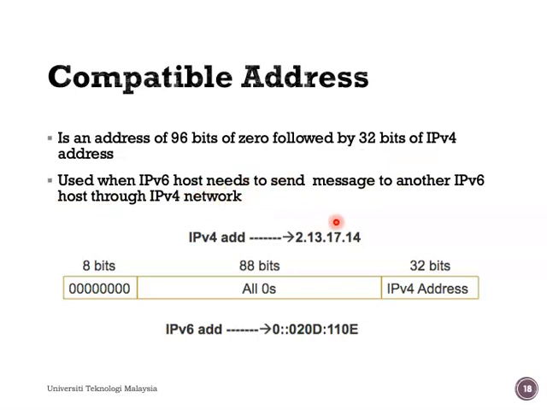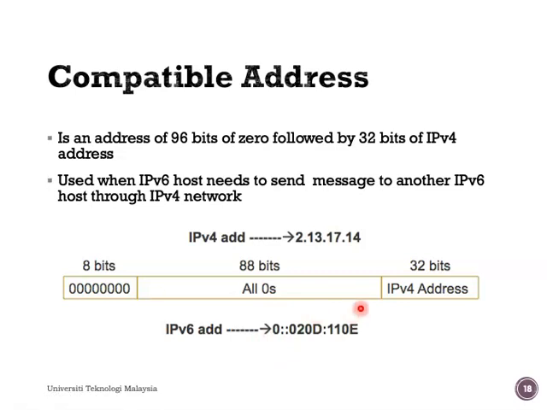For example, we put this IPv4 address, which is 32 bits, and the others are all zeros. We put the IPv4 address here as hexadecimal digits, and the zeros here, and the double colon replaces these consecutive zeros.